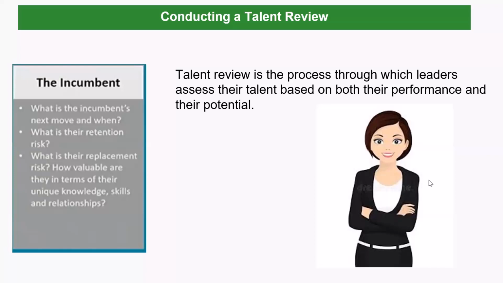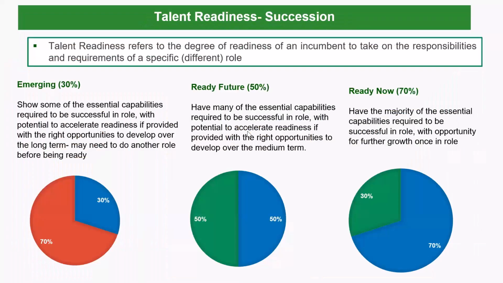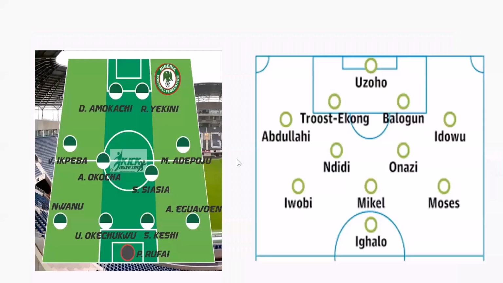I usually, let me see if I can use an illustration that I typically use here. For some of us who were conversant with the Super Eagles in the past, what killed the old Super Eagles, why we don't have the likes of Okocha, Kanu, Amokachi and all of that, is because the handlers of that team then didn't think of what we call the bench strength, the leadership bench strength.